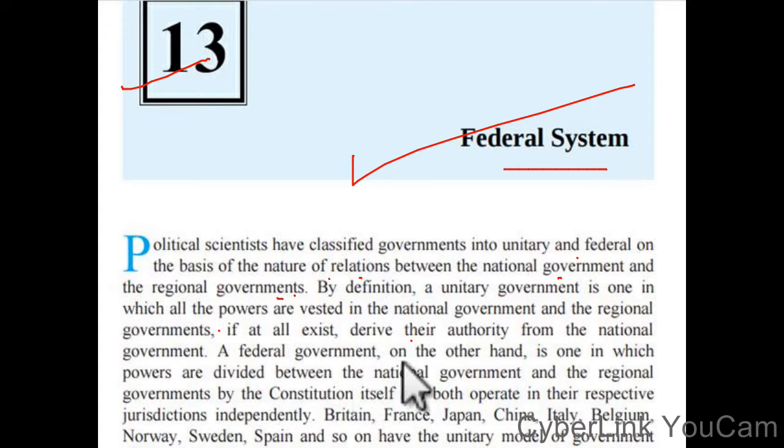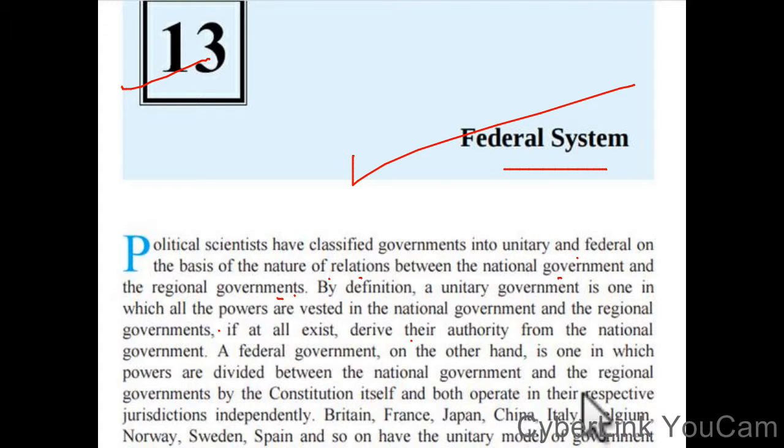A federal government, on the other hand, is one in which powers are divided between the national government and the regional government by the constitution itself, and both operate in their respective jurisdictions independently.